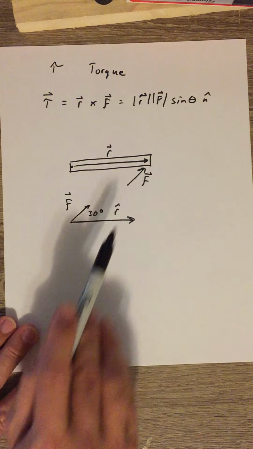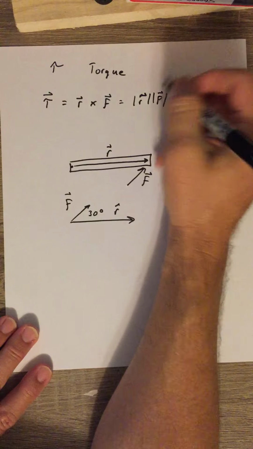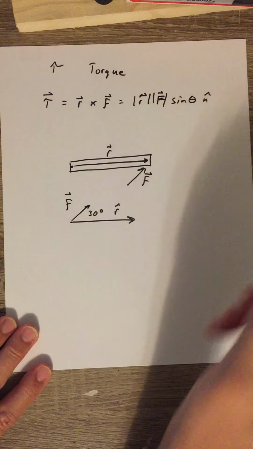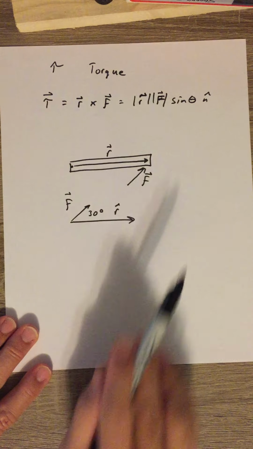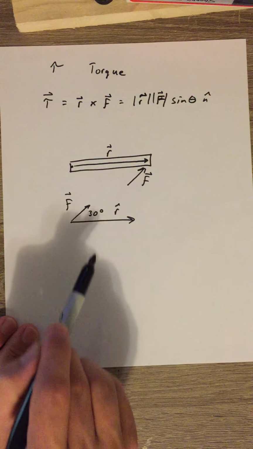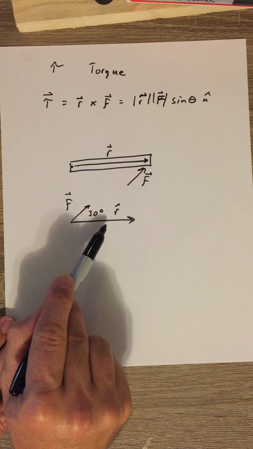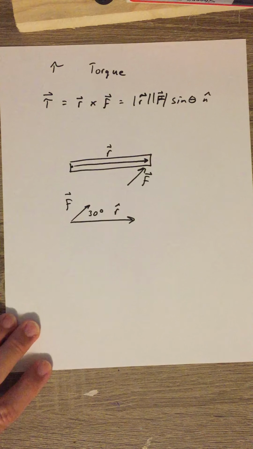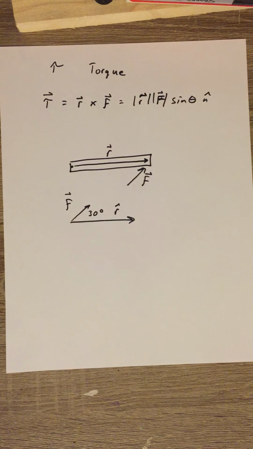If you're going to use this definition, this angle is specifically measured from R to F counterclockwise. Okay, let me say that again. From R to F counterclockwise. By convention, we choose the counterclockwise method.